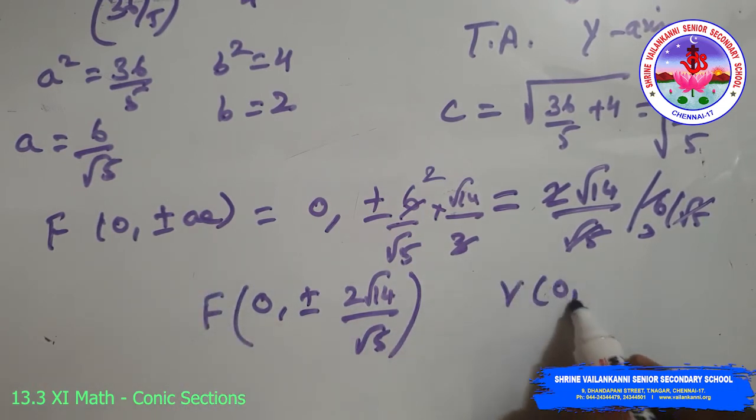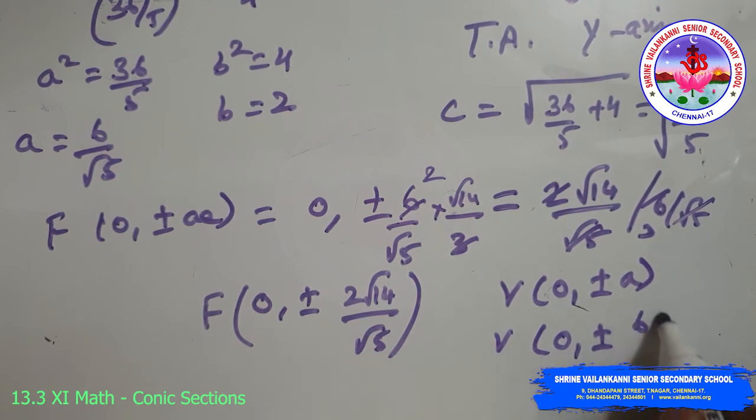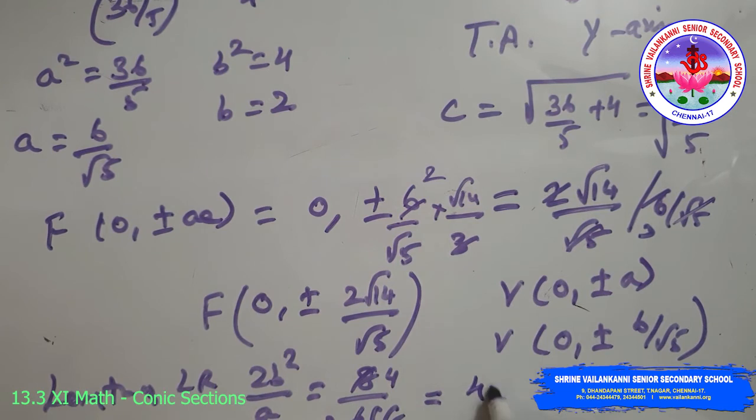And the vertices are (0, ±a), that is (0, ±6/√5). And the length of the latus rectum, which is 2b²/a, that is 2 into b², 8 by 6/√5. So when we cancel this, we get 4√5/3.